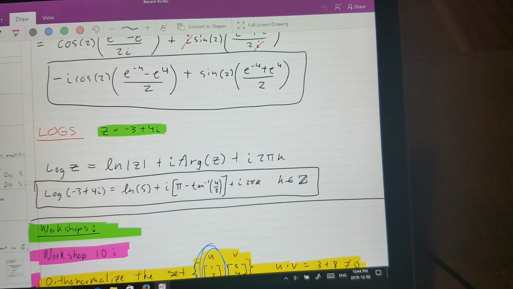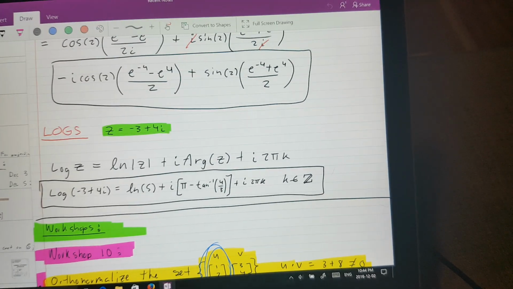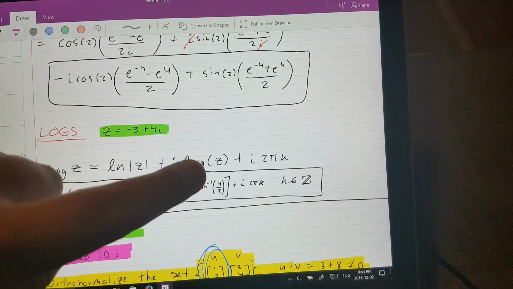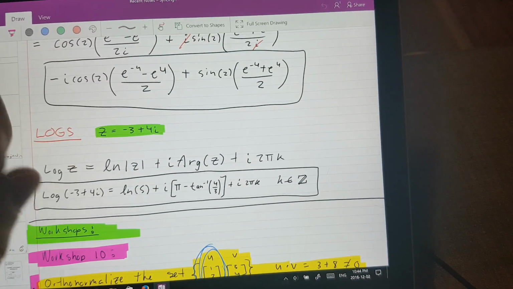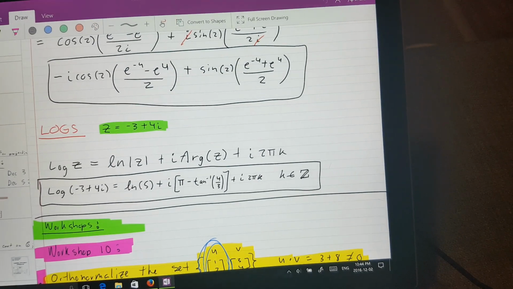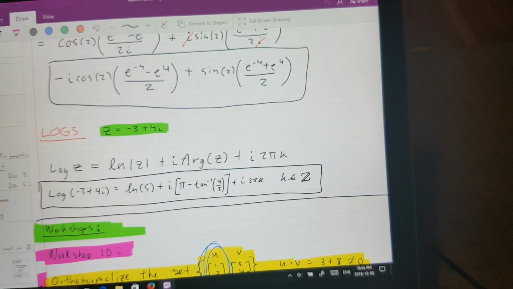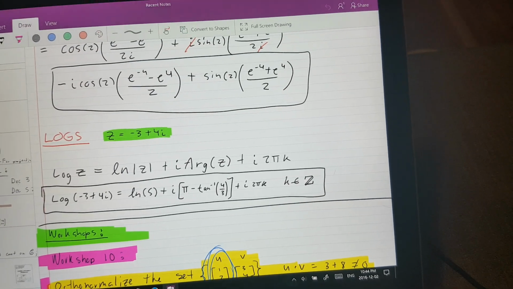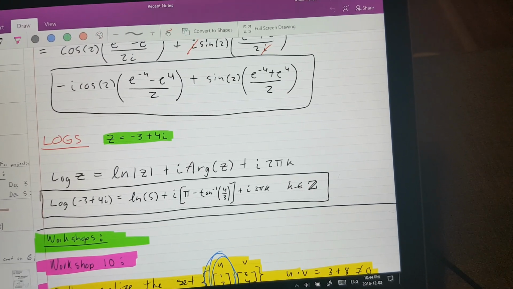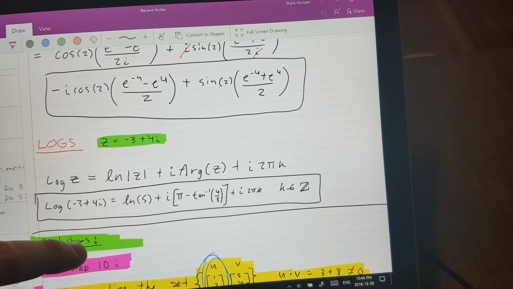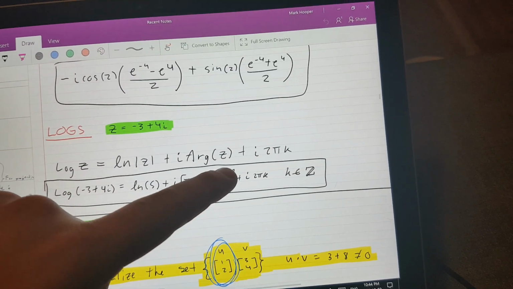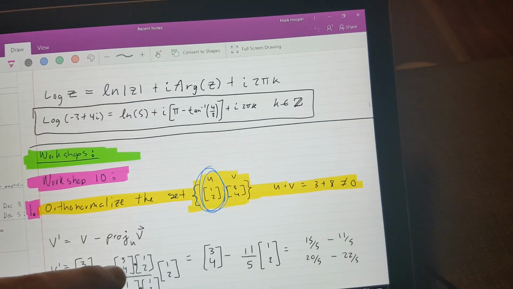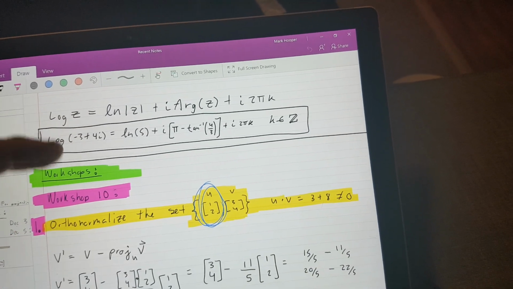The only thing you have to know is that the argument of z is theta, which is the angle from the positive x-axis. So just pay attention to which quadrant you're in. You may have to subtract the arctan of that angle from pi or 2 pi or what have you, just to make it make sense. And you add plus i 2 pi k, where k is an integer. That's going to be how you do those.